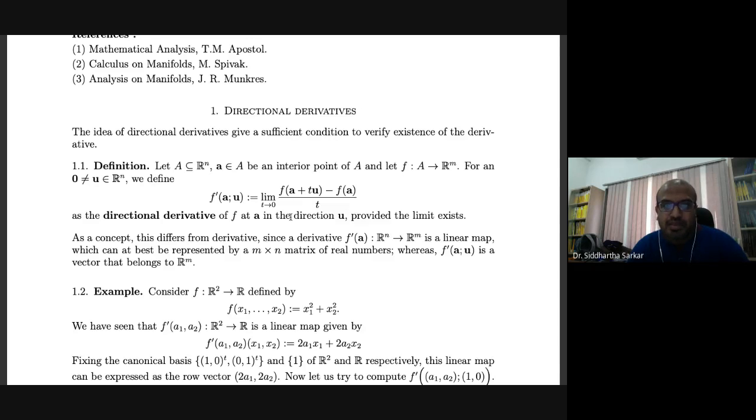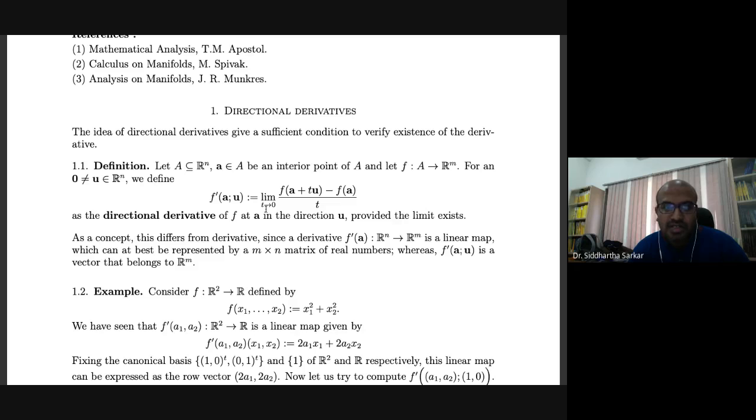You are still approaching a, but along this vector. So you can think of t converging to 0 in this definition as a plus tu converging to a, but along this vector u.